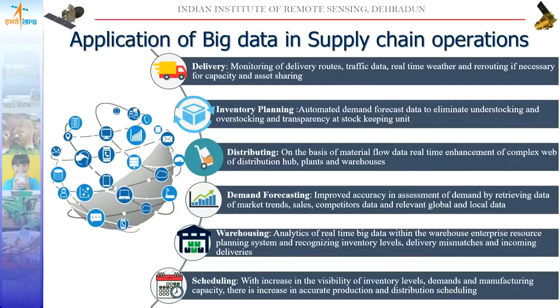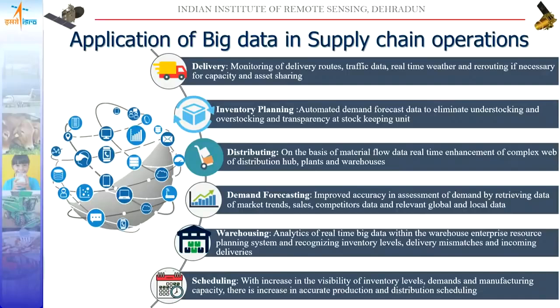So this is the application of big data in supply chain operations, where you can have a delivery mechanism which can be monitored throughout, and ultimately any type of breakdown can be avoided by making use of this application. Then you have inventory planning, with automated demand forecast data to eliminate understocking as well as overstocking. Then distribution on the basis of material flow. Then demand forecasting, and this can also come if you have better historical data. A lot of data flows in the form of big data, and if you can capture those data sets, you can really come up with better forecasting results.